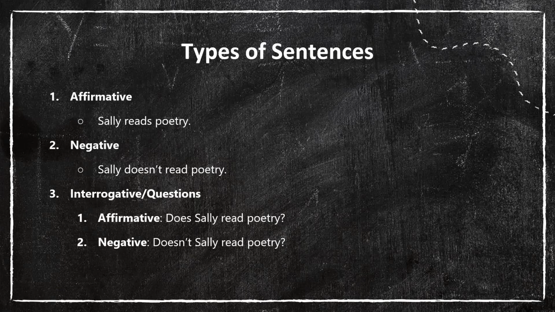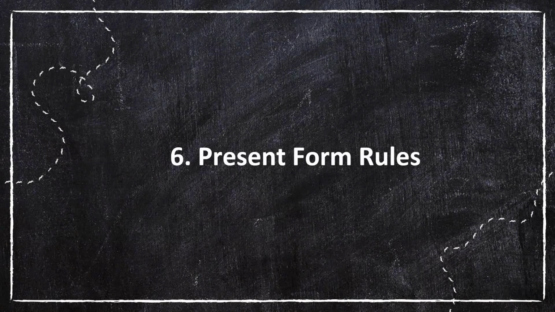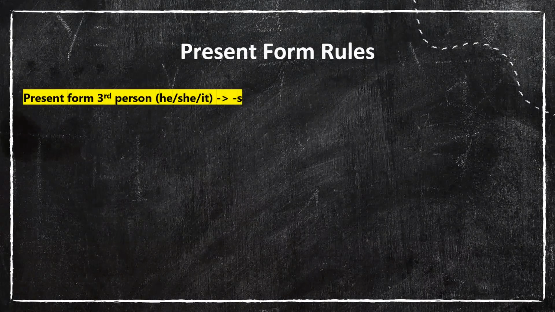Now, we are going to discuss some rules about how we form the first form, and then about how we form the ed form for regular verbs and the ing form as well. You've probably noticed that for the present form, there is a small variation.